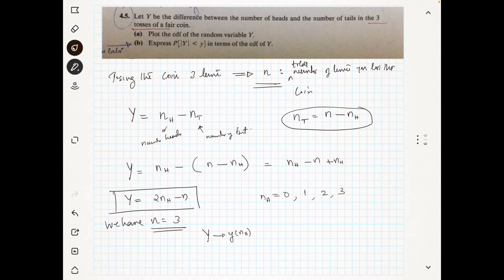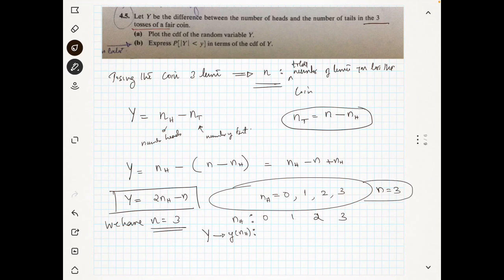So what is nh? Nh can take the values 0, 1, 2, or 3. And n is equal to 3, which means the total number of trials has been given.